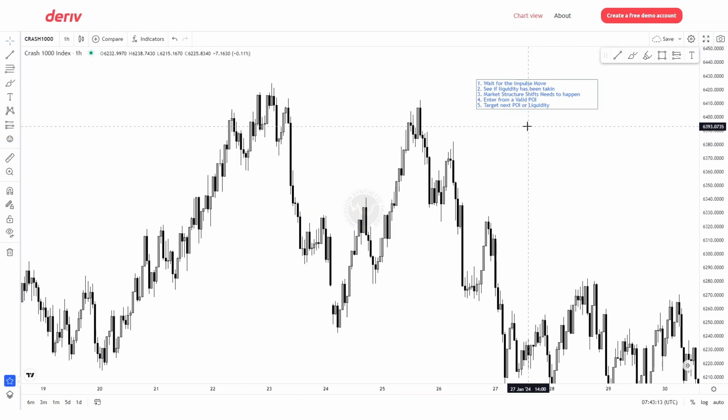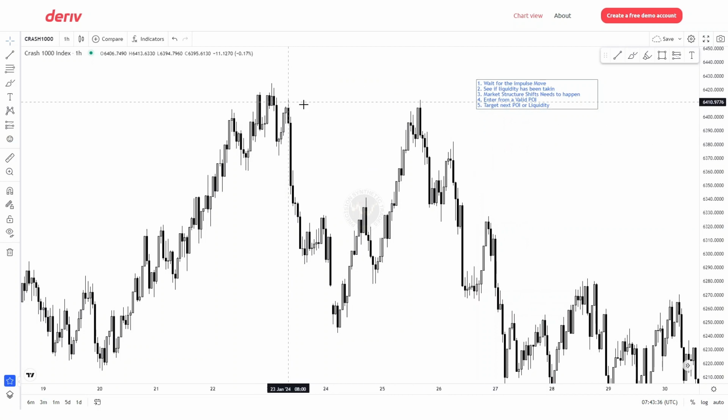Enter from a valid POI, so point of interest. So we have an order block, order blocks, and fair value gaps. I have videos on order blocks and fair value gaps. If you don't understand them, please go have a look at them as well. And then we target the next POI or liquidity.